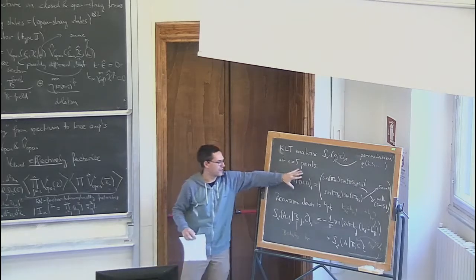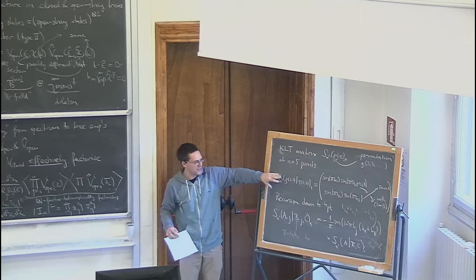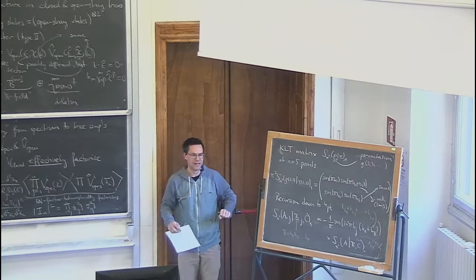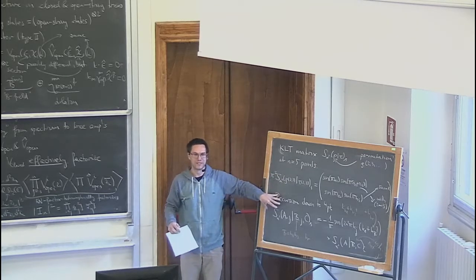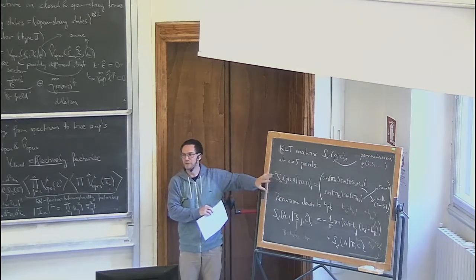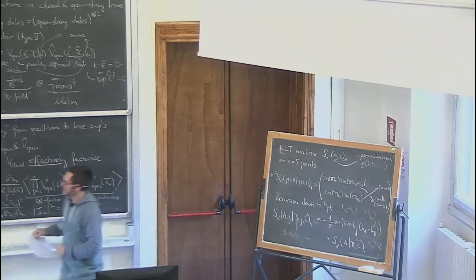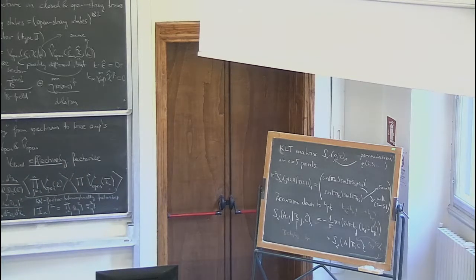Okay, so at 5 points, it's 2 by 2. You see the matrix entries in front of you. And at n points, you can write down recursion relations for these KLT matrices. So maybe it's better to discuss the details in the break if you are interested in the explicit form. But I think what matters right now is that this matrix has entries full of trigonometry.